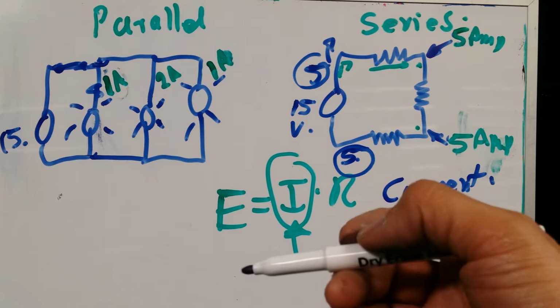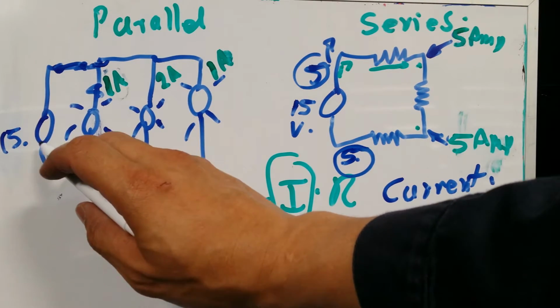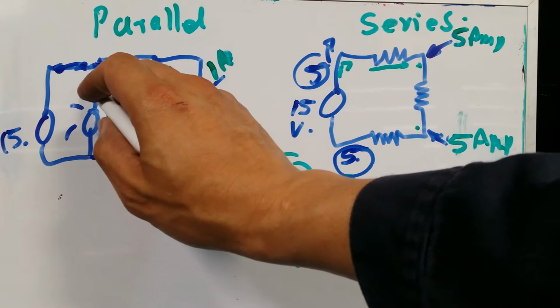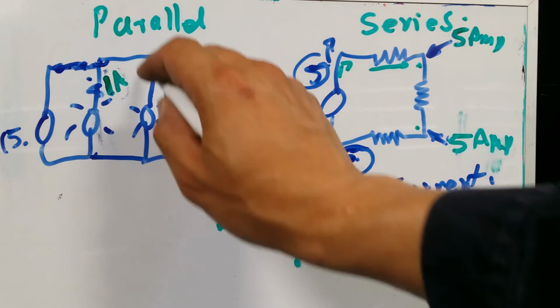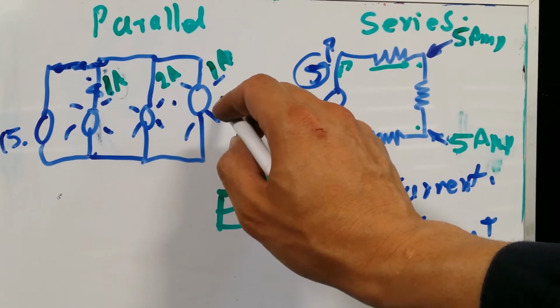Now, what is the total current that is being provided by the source?